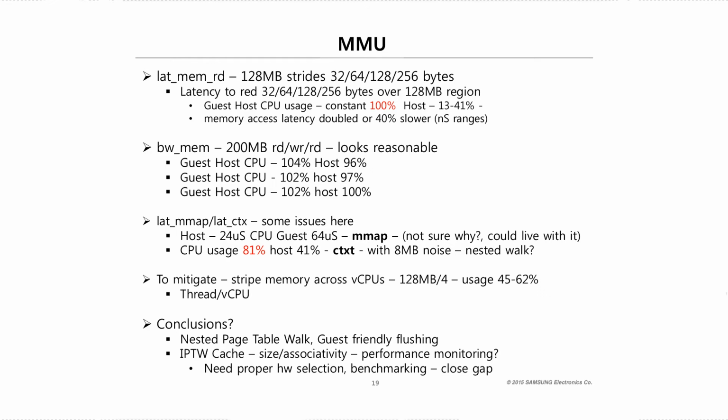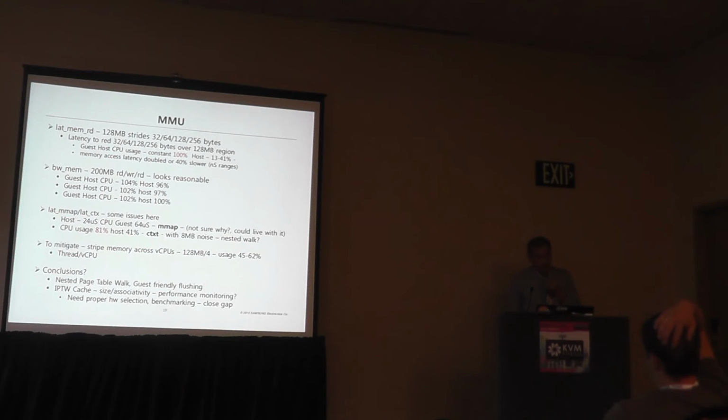And then comes the real troubled one, and this is the real scary one, because you run latency memory read, and your CPU goes to 100%. This benchmark tends to hop around and randomly read different strides of memory, so it's trying to go outside of the TLB and also outside of the cache.